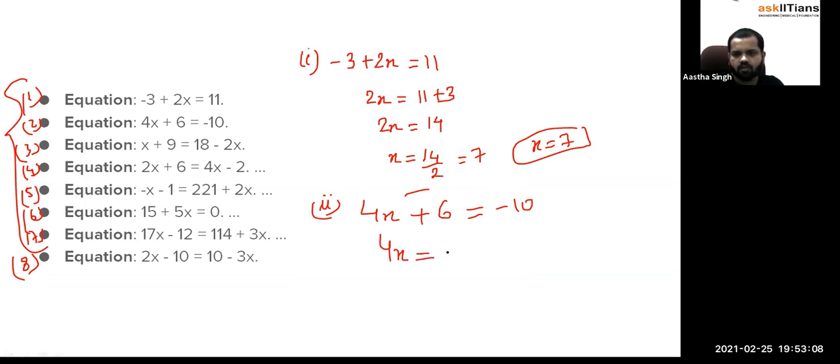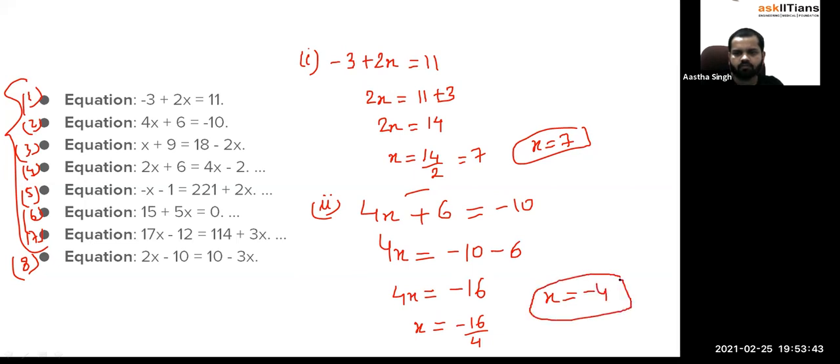Its sign will change. Minus 10, your plus 6 will go to minus 6. And you know that minus and minus signs will add to each other and the minus sign will remain the same. So 10 and 6 will equal 16 for x. So basically, x will be equal to minus 16 divided by 4. Why? Because 4 and x are in multiplication form. So x will be equal to minus 4. Just do the third question, guys.